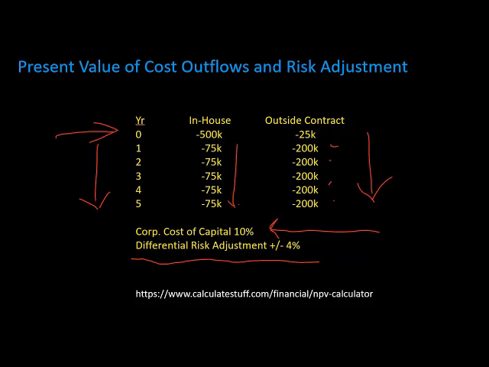So think of it like this. We have our corporate cost of capital. Do you remember what that is? That's right. It's that debt and that equity. How much is it costing you to get the stuff that you want to do?